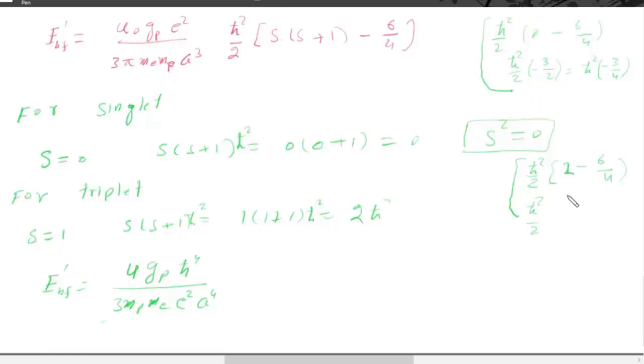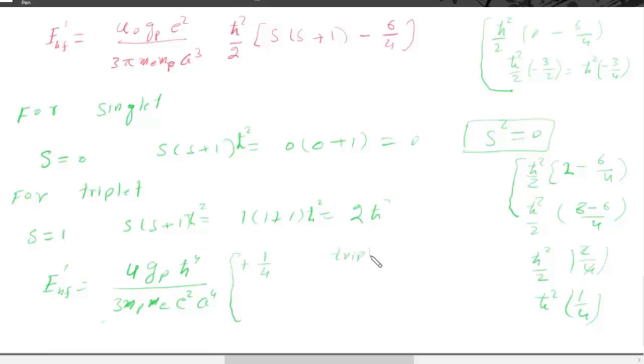Then this is 8 minus 6 divided by 4, and then this is equal to ħ² times minus 2 plus 2 divided by 4, and this is 1/2, this is ħ² times 1/4.